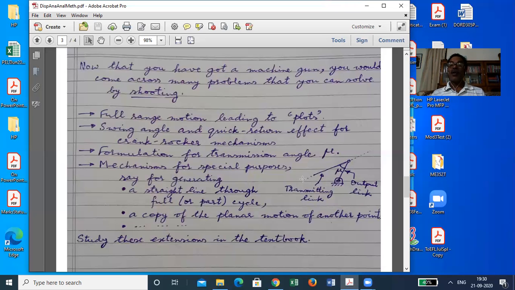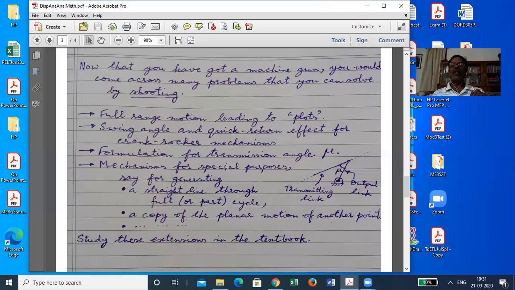So the force developed through the mechanism from the actuator is going to be well transmitted if this mu is close to 90 degrees. So you formulate the transmission angle in terms of the kinematic data of the mechanism and one variable, because every other variable can be expressed in terms of that variable and the kinematic data. And then you say that typically I would like the transmission angle to be close to 90 degrees.